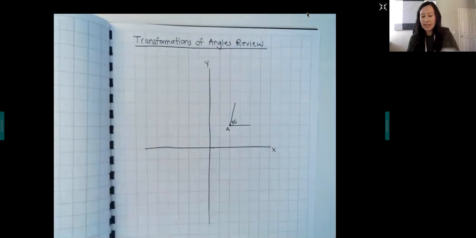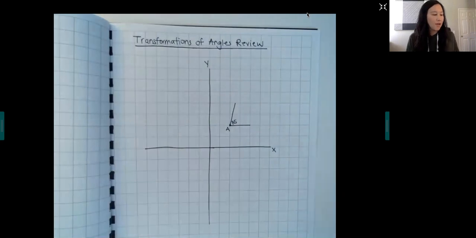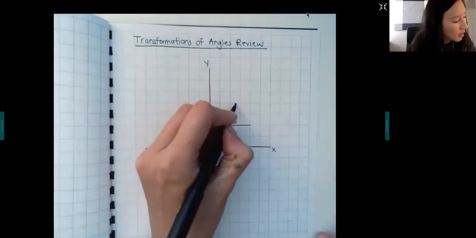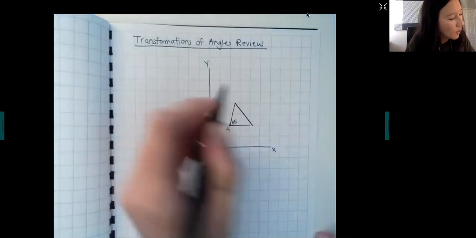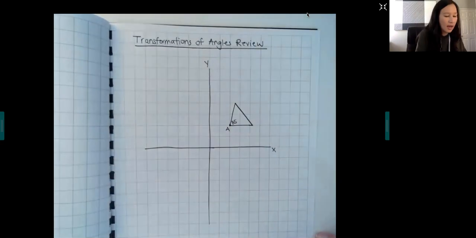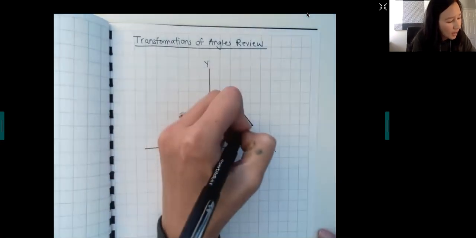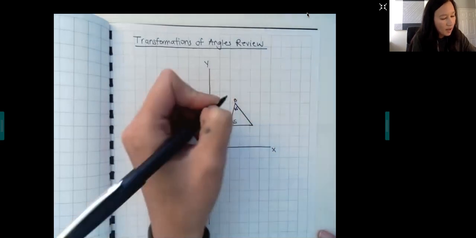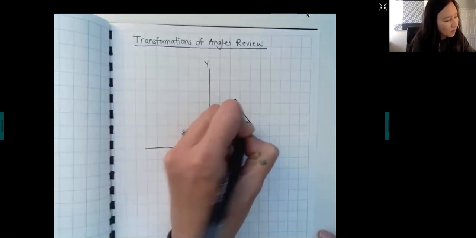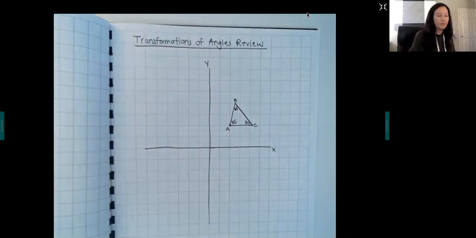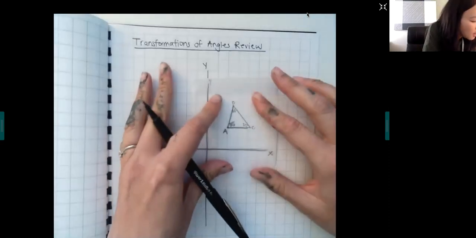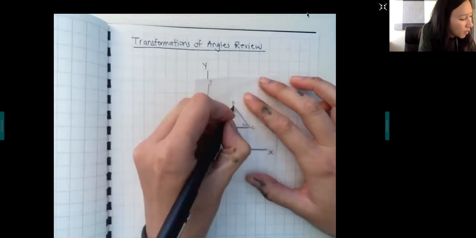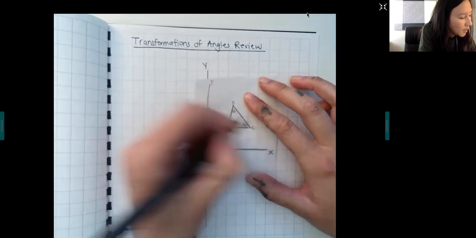Okay, and let's see what happens if we make this into a triangle. Let's say here's our triangle, and we'll say that this is a 65-degree angle, B, and this is a 30-degree angle, C. And if you needed to for your checkpoint, you could go in your kitchen and do what I did.